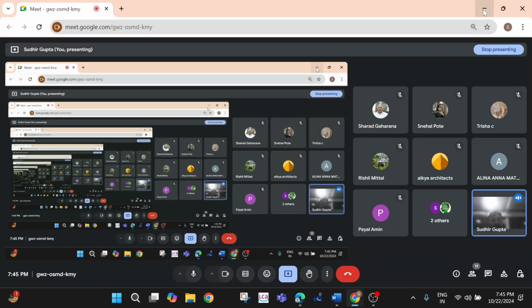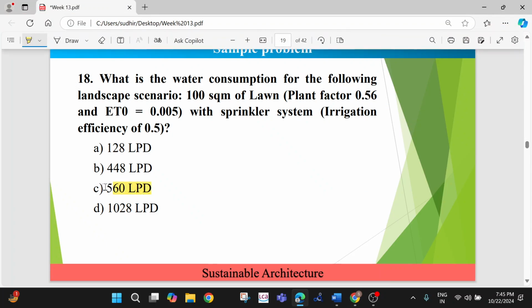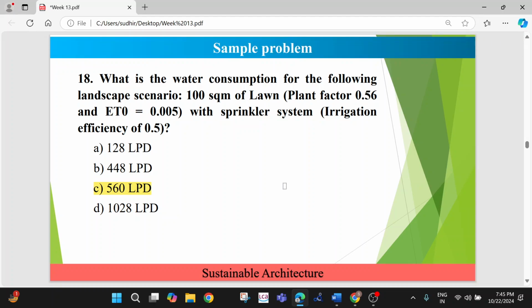All of you have answered it correctly. So this is the answer for this question. Option number C, 560 LPD. So it is clear to all of you. Can we move to the next question, or do you need some discussion on this particular answer? Or some of you are still solving.